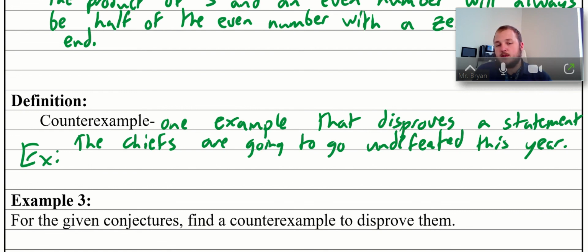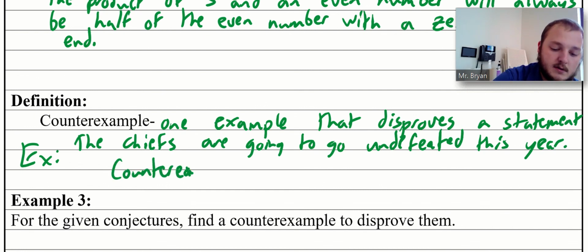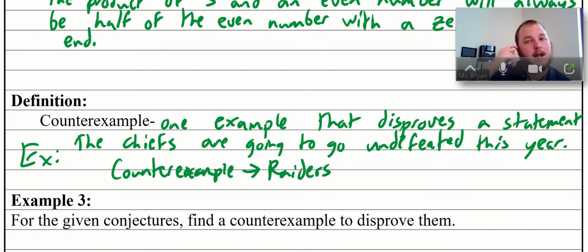Okay, so that's a statement that I can make. A counterexample of that, one thing that would disprove it, is the one loss that they already have. So they're not undefeated because one team already broke that, and that was the Raiders, unfortunately. So we'd say counterexample. If I remember correctly, I believe that was the Raiders. The counterexample would be the Raiders. The Raiders beat us, so now the Chiefs are not undefeated.